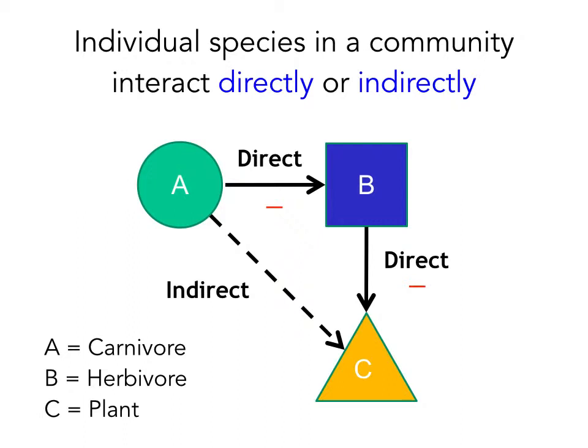As a consequence of this, though, would the indirect interaction be positive or negative between A and C? Well, in this case, because we have two negative interactions, the indirect interaction between A and C would be positive.